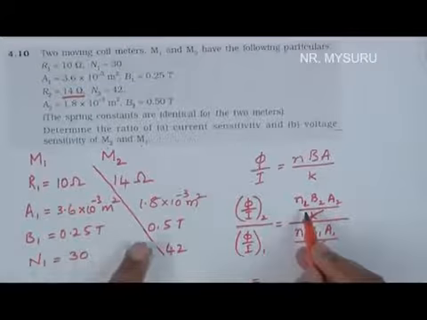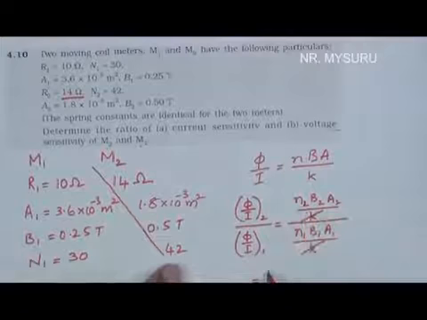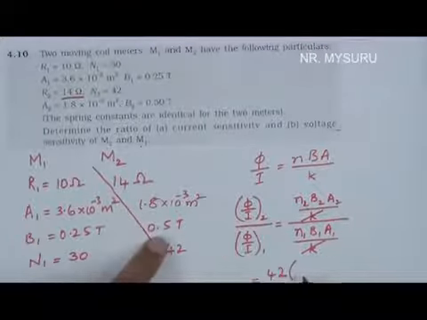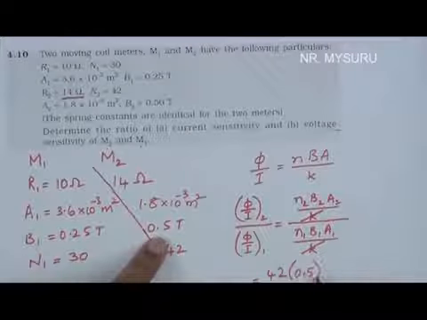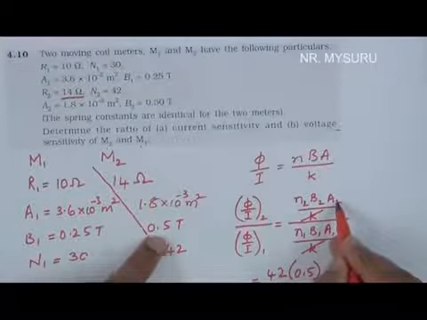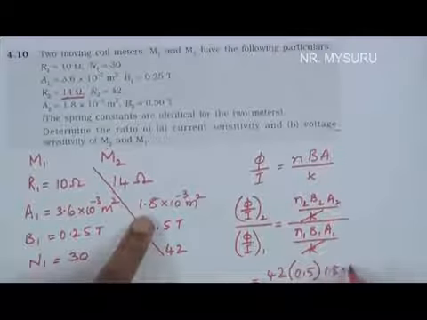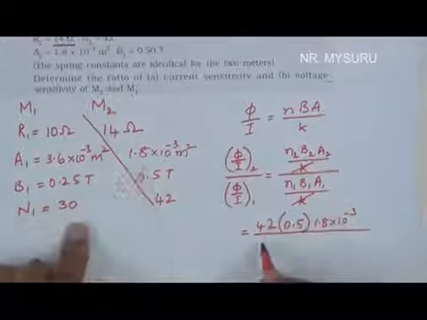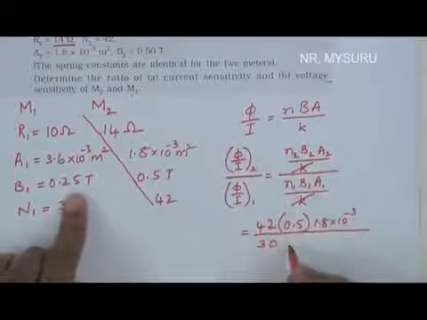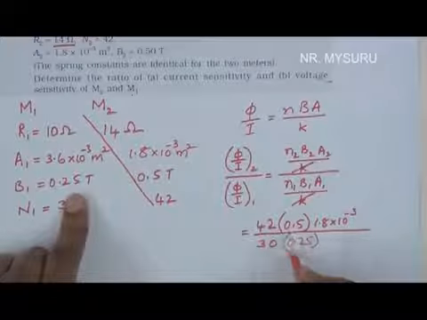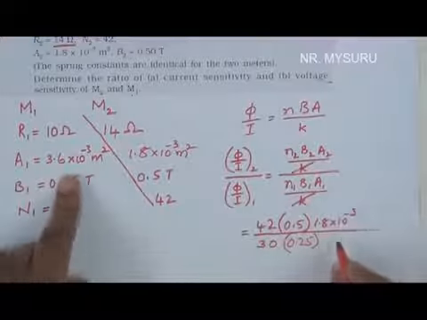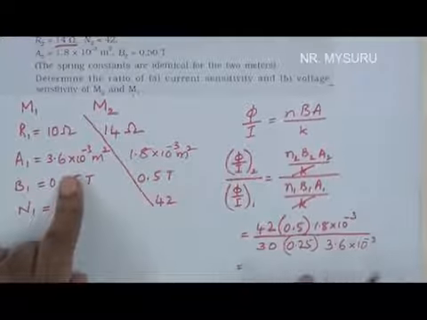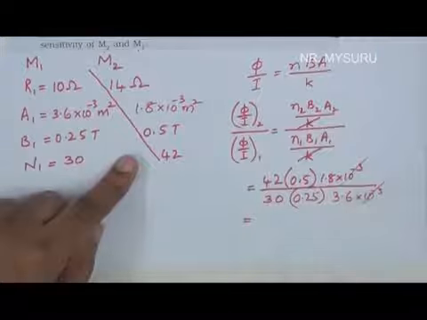N2 is 42, the magnetic field is 0.5 Tesla, and the area of cross section is 1.8 × 10⁻³, over the number of turns 30, magnetic field 0.25, and area of cross section 3.6 × 10⁻³. The 10⁻³ cancels.